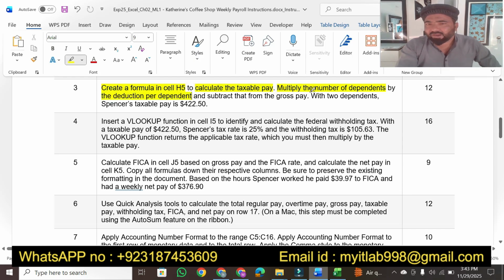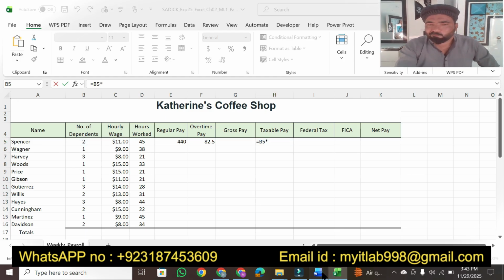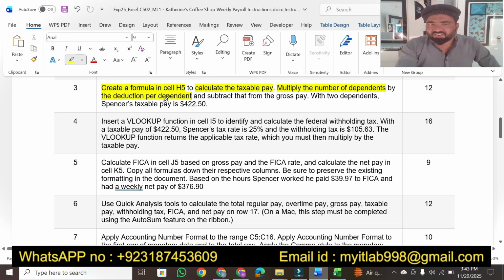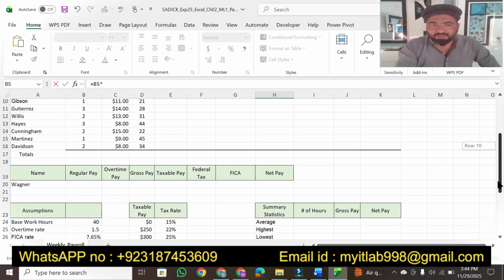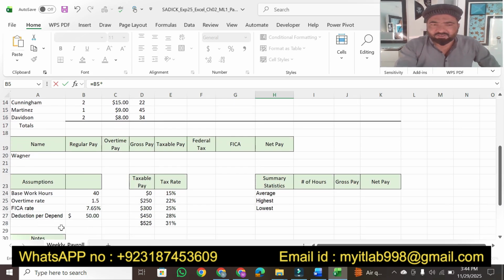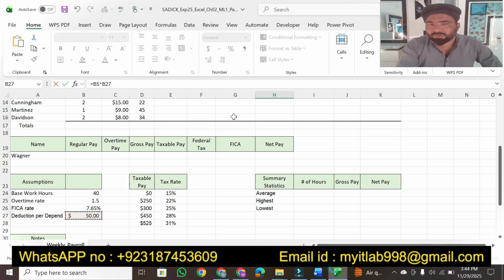Here we put equal, where is the number of dependents, here, this one, multiply by deduction per dependent. Where is the deduction per dependent? Here is the deduction per dependent. Click on there. Okay. Then subtract that from gross pay.